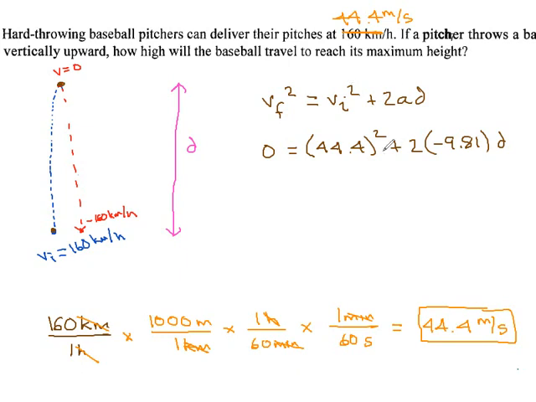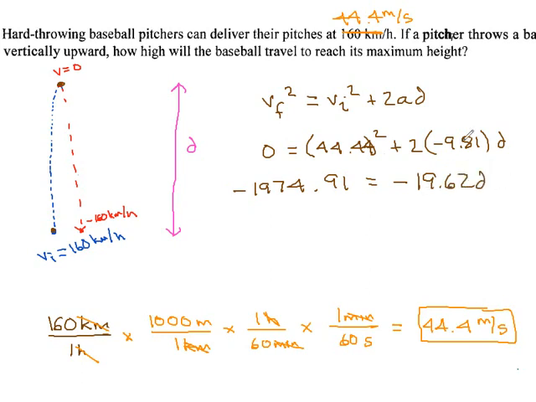Okay, you know what? I should carry at least one more decimal point here just to make sure that nothing strange happens. We don't get any round off errors. 44.44 squared is 1974.91. Take that to the other side. We get minus 1974.91 equals minus 19.62d.